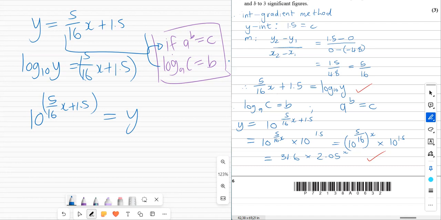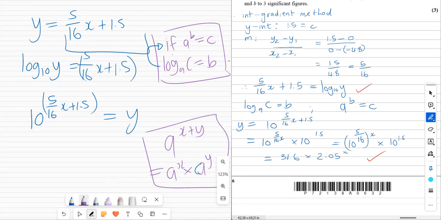Here we can split the bases because we use this law. Oopsie, that's incorrect. This is equal to multiplication. So we're using this law to split the bases here.